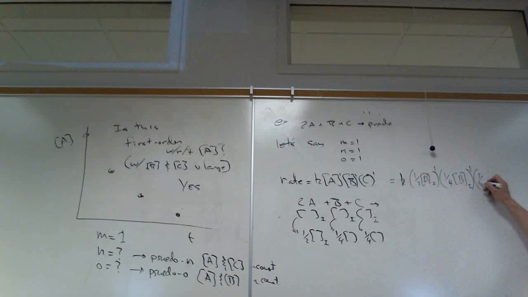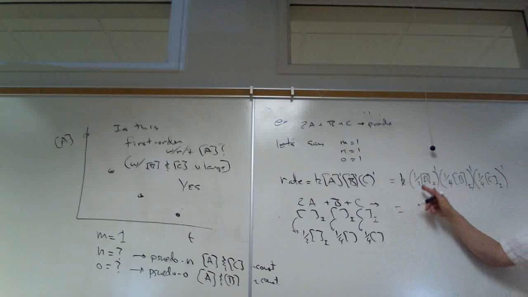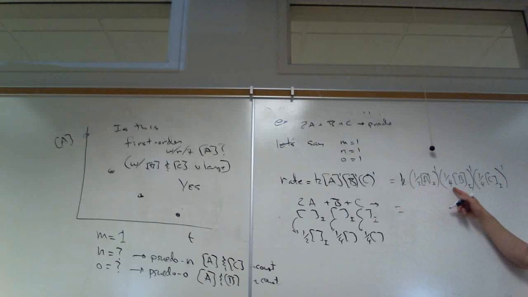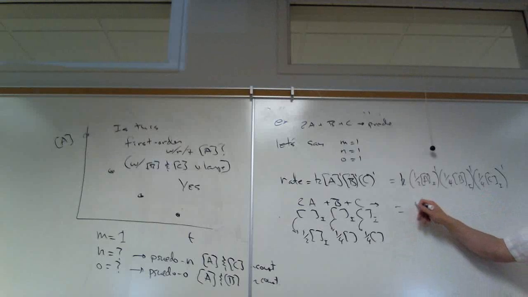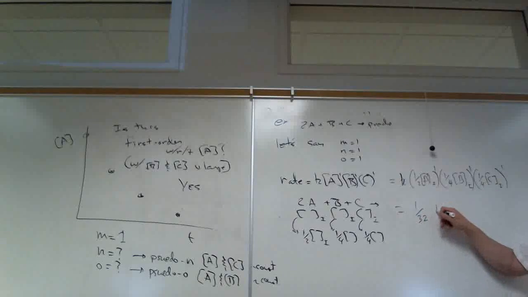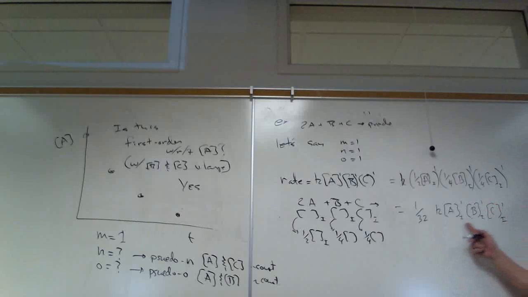And then C, this would be 1/4 of our original for C. And so let's factor out these. This would be 1/2 times 1/4 is 1/8. 1/8 times 1/4 would be 1/32. So we have 1/32 of our original rate. Here's our original rate. It would be 1/32 of our original rate.